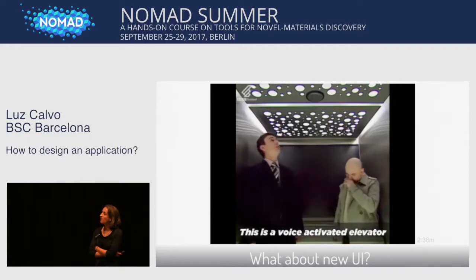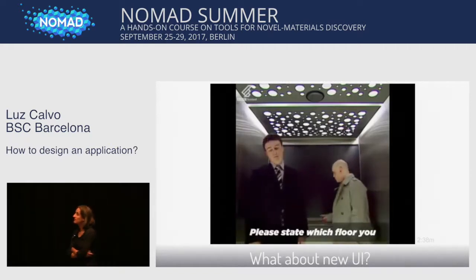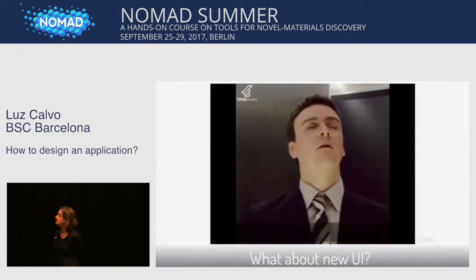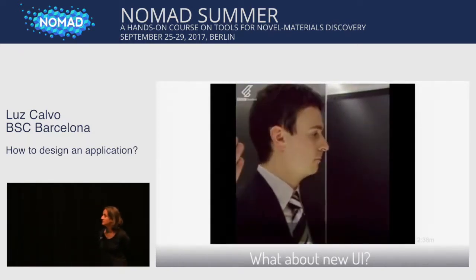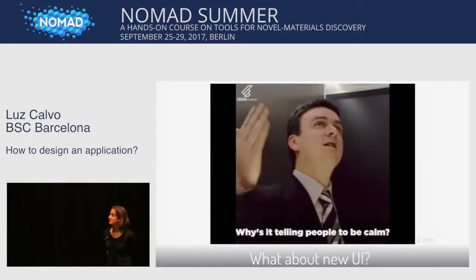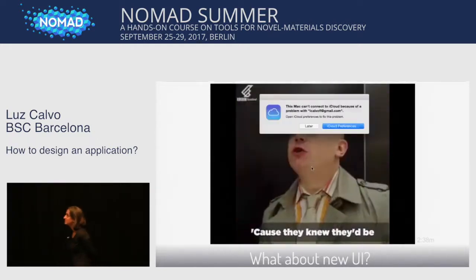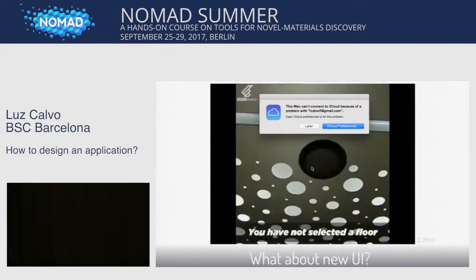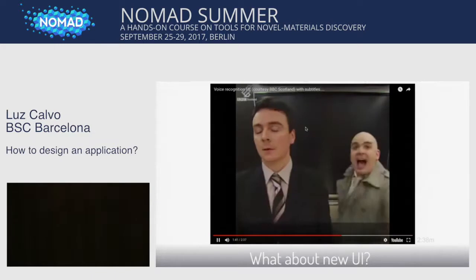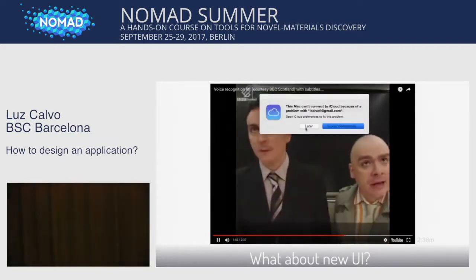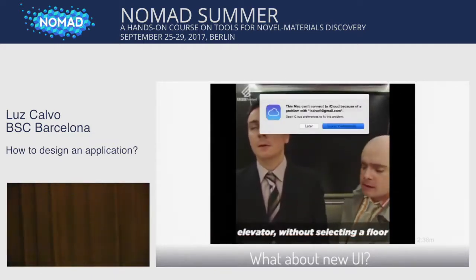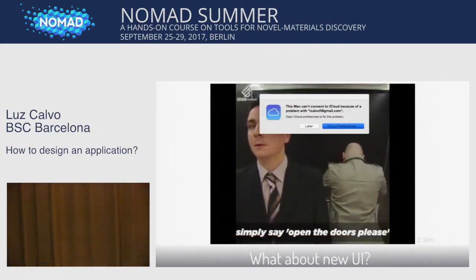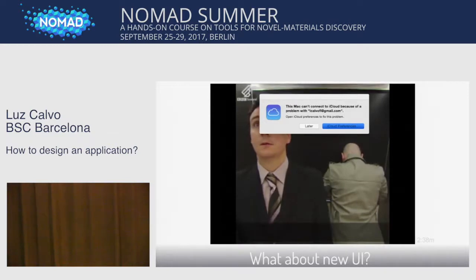This is a voice-activated elevator. Please state which floor you would like to go to in a clear and calm manner. Calm. Where's that coming from? Why is it telling people to be calm? Because they knew they'd be selling this to Scottish people. You have not selected a floor. If you would like to get out of the elevator without selecting a floor, simply say, "Open the doors, please."